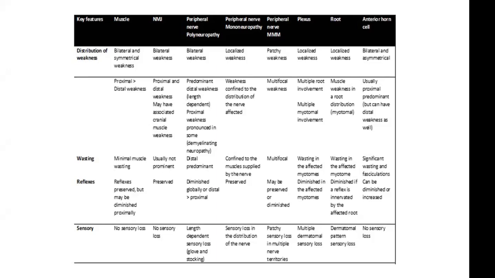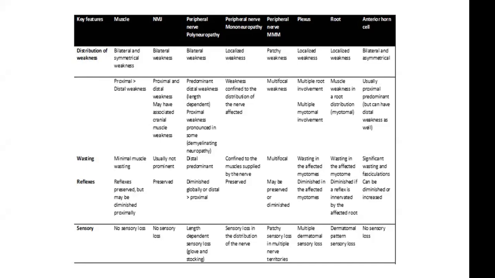Reflexes are absent, and it is bilateral and symmetrical. Absent reflexes are one of the key features that you see. And the sensory loss is also length dependent, and they get distal sensory loss first. Right. Now, the other types of neuropathies: mononeuropathy is easy because from your anatomy days, you know this.